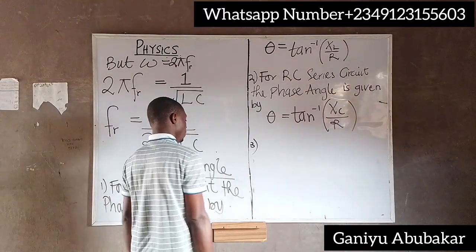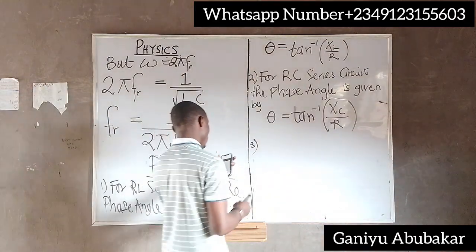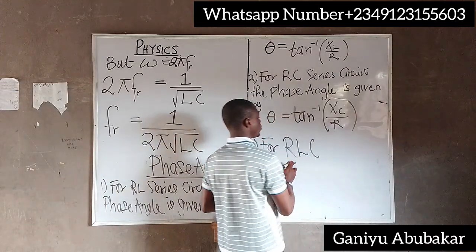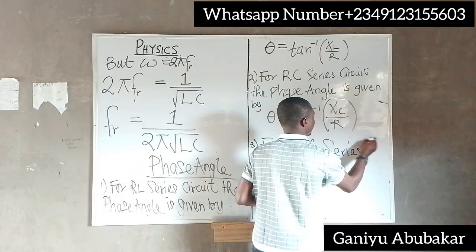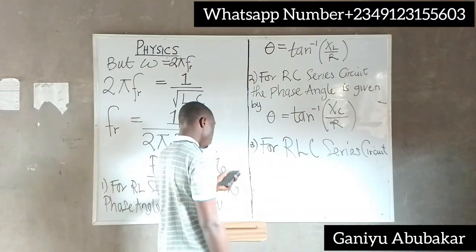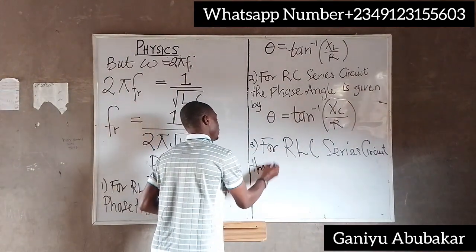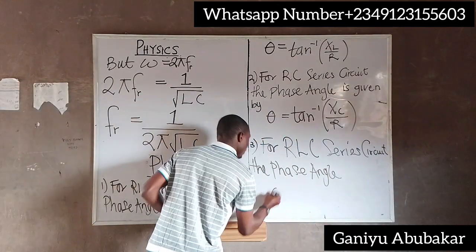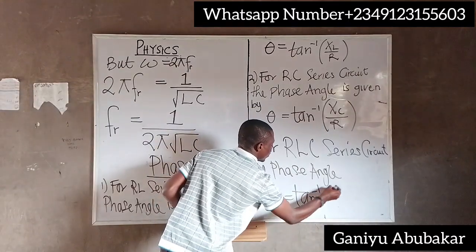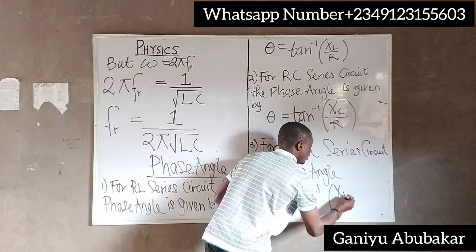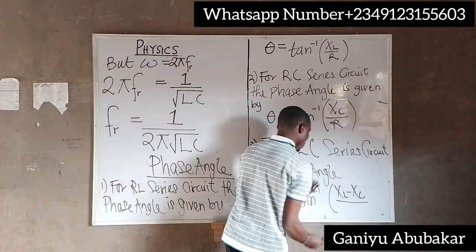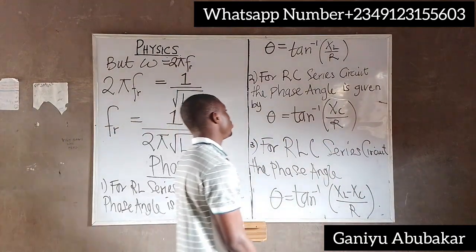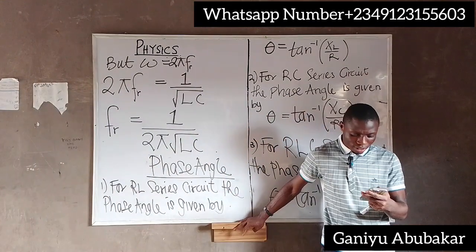Finally, number 3. For RLC series circuit, that's resistor inductor capacitor series circuit, the phase angle in this case is given by theta equal to tan inverse of XL minus XC all over R. So this is simply the phase angle you should note when it comes to simple AC circuits.